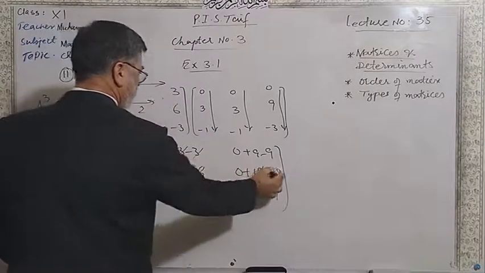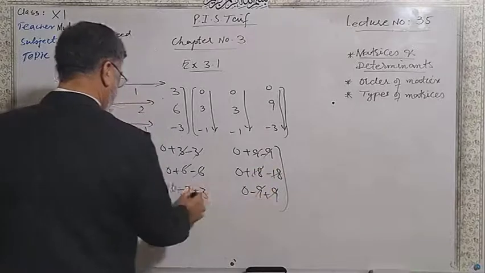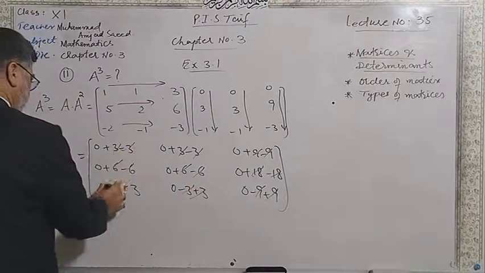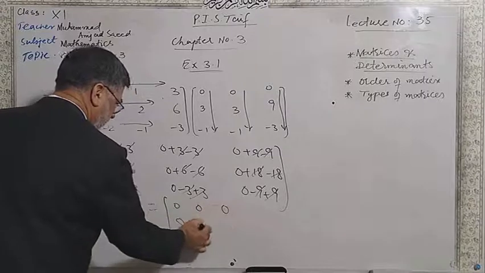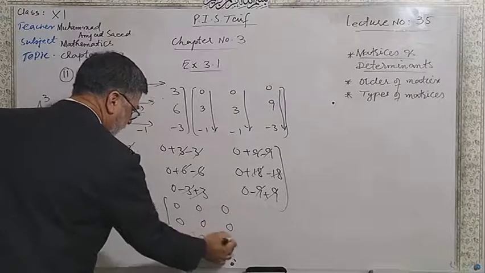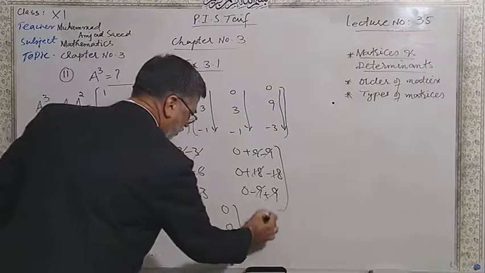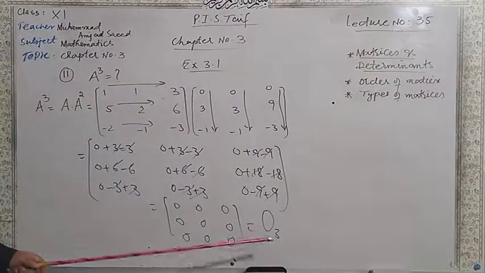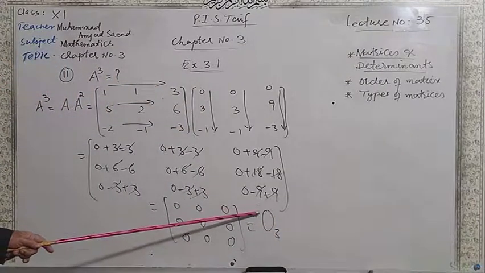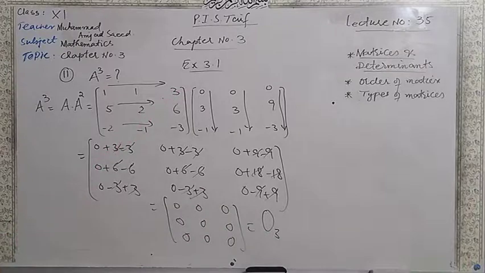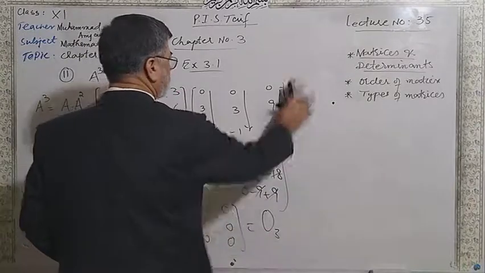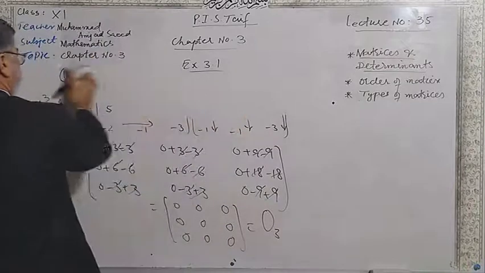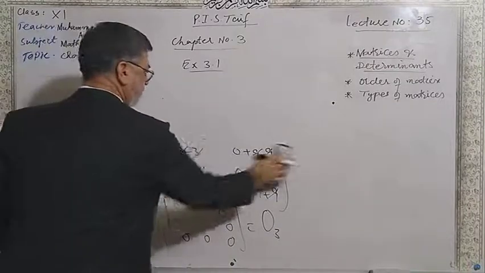So all members are cancelled out. Basically, this is a null matrix of order 3. It is also known as O3. That's your answer of your question number 11.